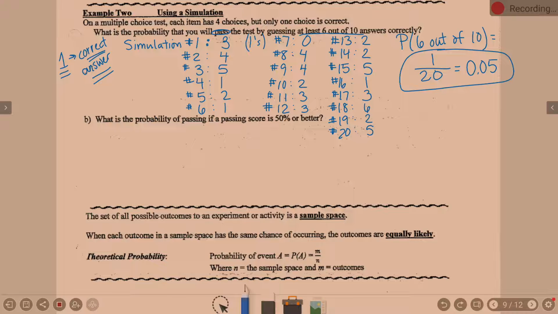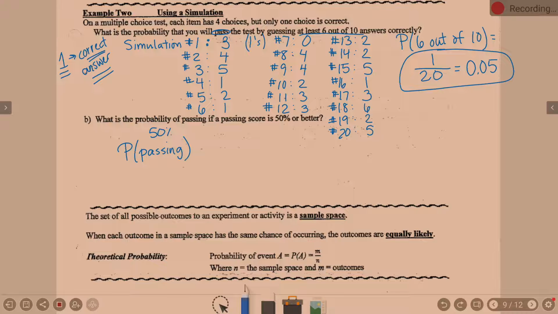What is the probability of passing if a passing score is 50% or better? So what are we looking for here? If we're looking for the probability of passing, how many do we need this time? Last time we needed 6.